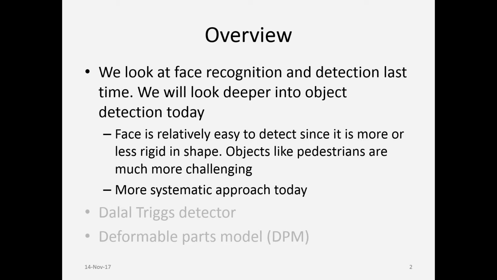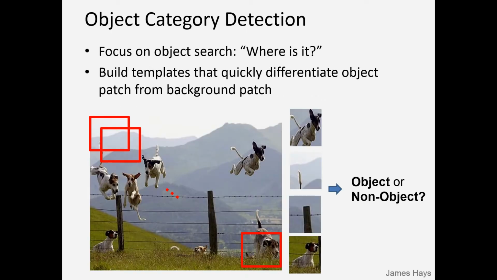Basically all the state of the art approaches use deep learning. And we're also going through a more systematic approach today. For example, if I try to detect a dog here, there are simply many different poses for a dog, right? All of them are dogs, but they all look quite different.